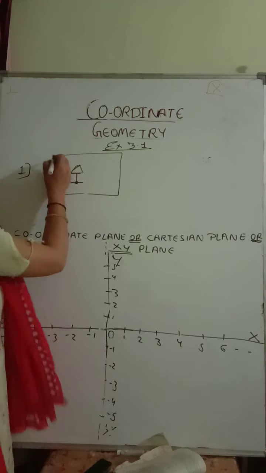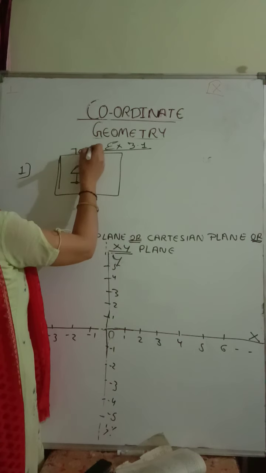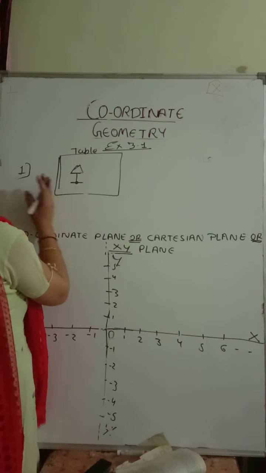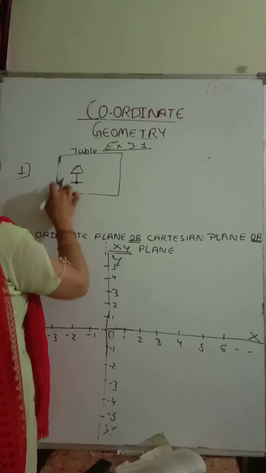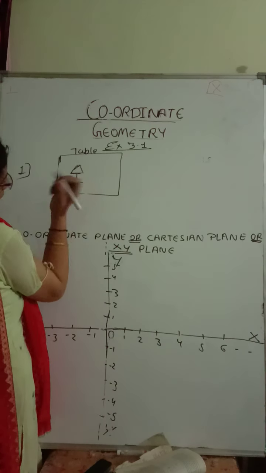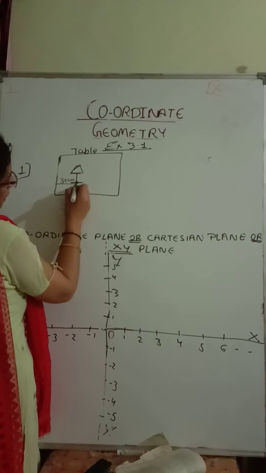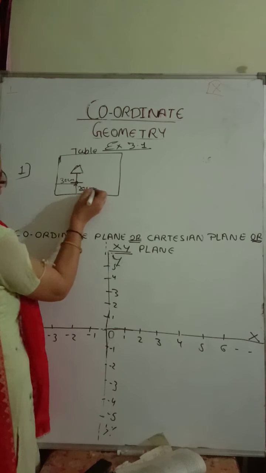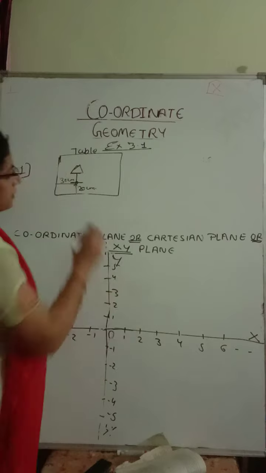This is your table. What you say: this is the right corner, this is the left corner. From the left corner it is 30 centimeter away, and from the bottom it is 20 centimeter away. So you will directly get the exact point.